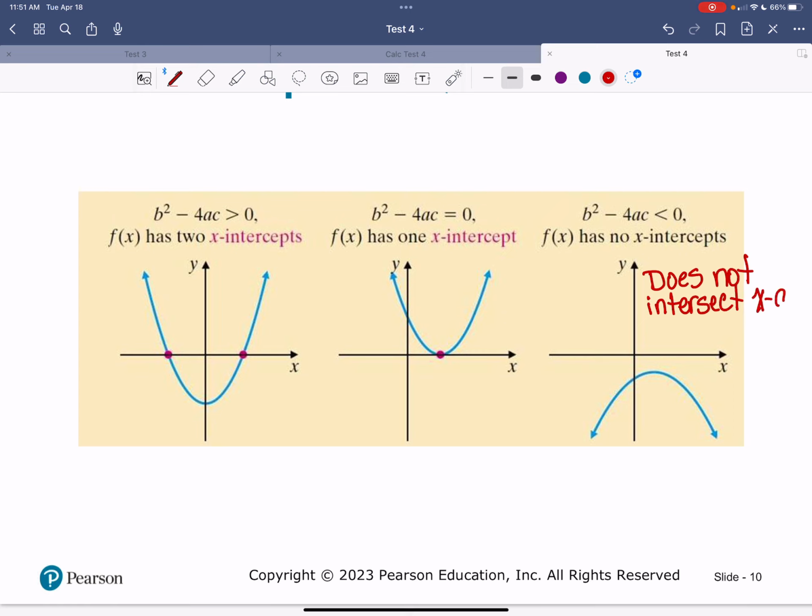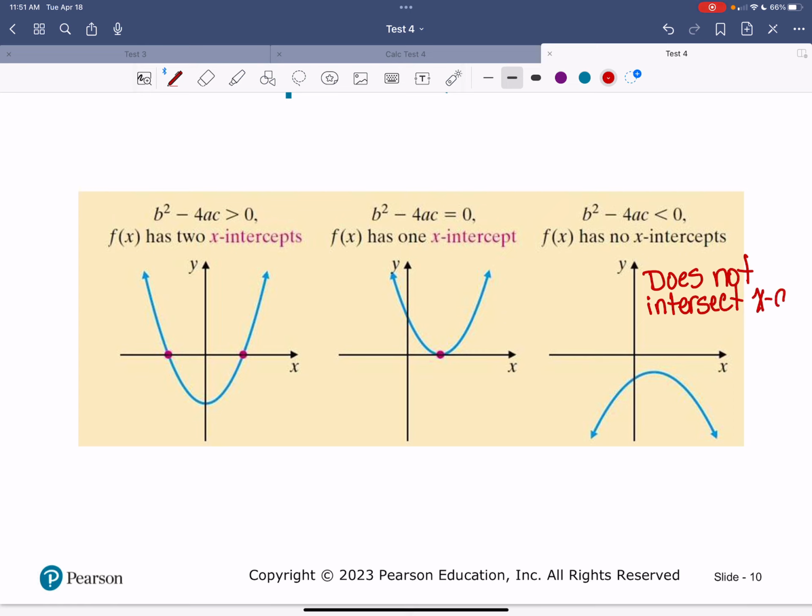What do we know about no real solutions? When we say no real solutions, what does that actually mean? It means no real solutions, but what could I have? Imaginary or complex.